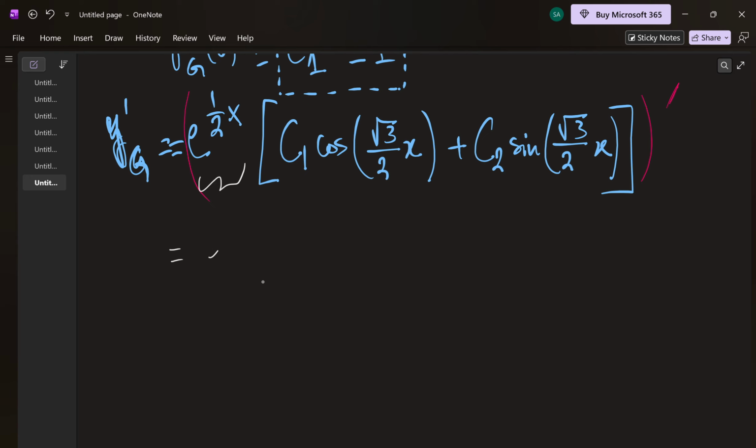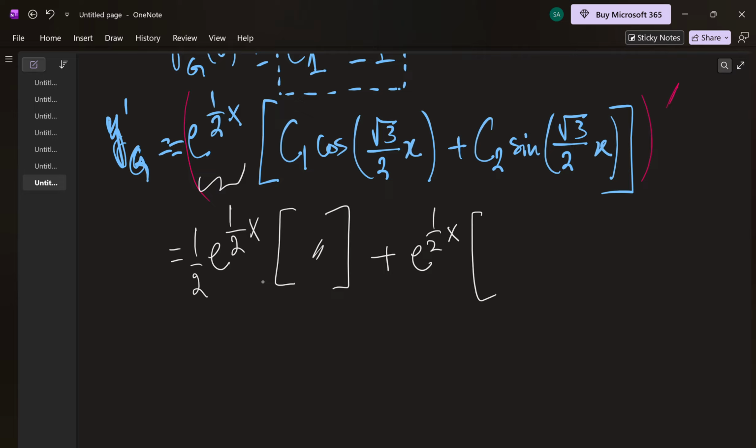multiplication of two functions, so it is equal to exponential 1 over 2x. What is the derivative of this guy? It is 1 over 2 times the remaining, the same thing, plus now exponential 1 over 2x times the derivative of this one. The derivative of cosine is simply minus sine.